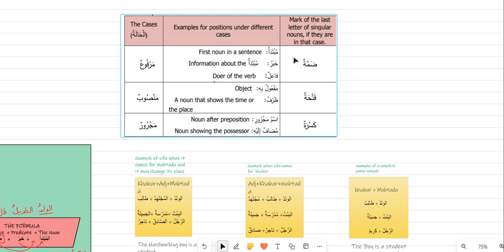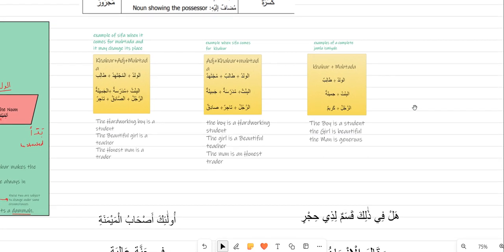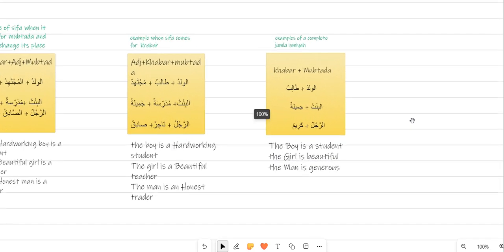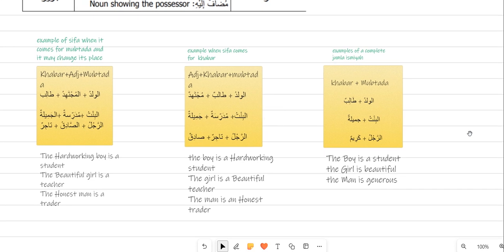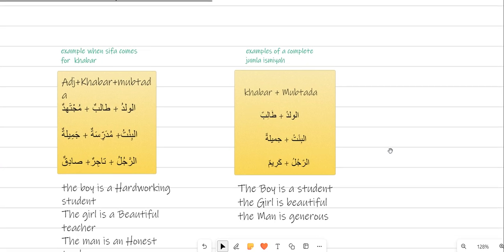So here I have given all the related examples of the mubtada and khabar, and the sifa coming for the khabar, sometimes sifa coming for the mubtada. Let's see quickly the examples here. We have a complete jumla ismiyah as waladu talibun.